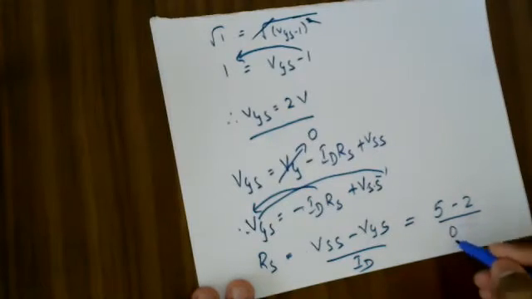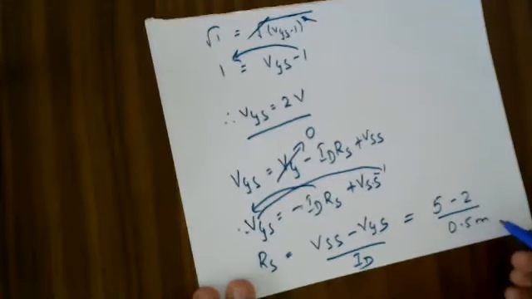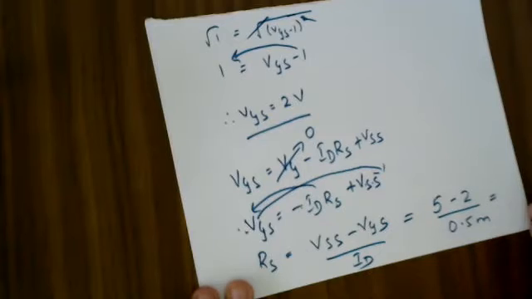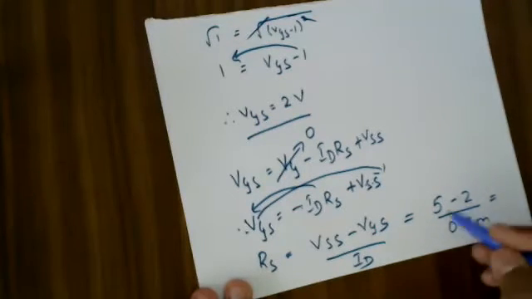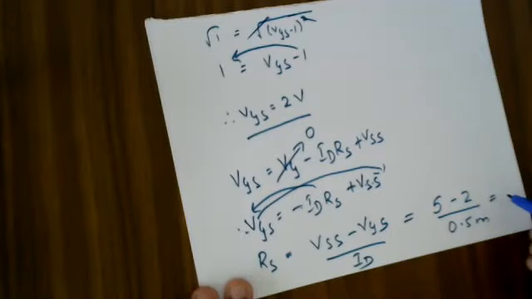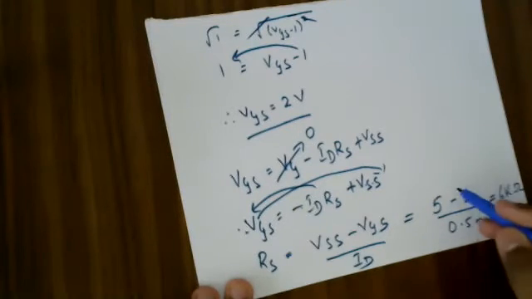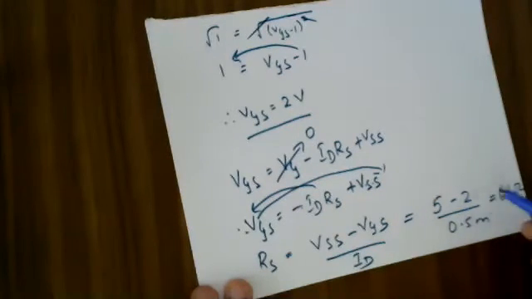What's the value of ID? 0.5 milli. Then what's the answer of this? Once again, it should be 6 kilo because the fraction is the same, right? So we get this as 6 kilo.